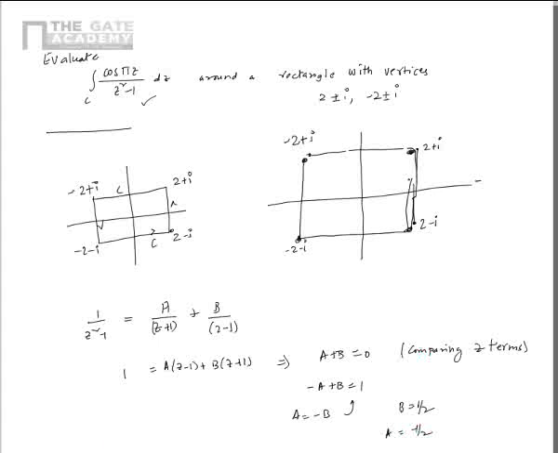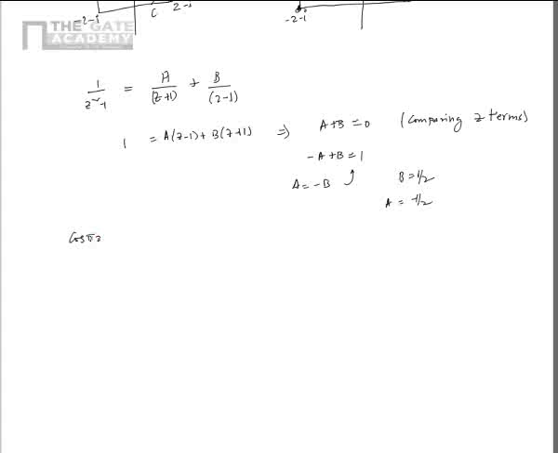So just substituting everything back into the integral, I'll get a which is minus half by z plus 1, b which is half by z minus 1, and you have cos pi z dz.